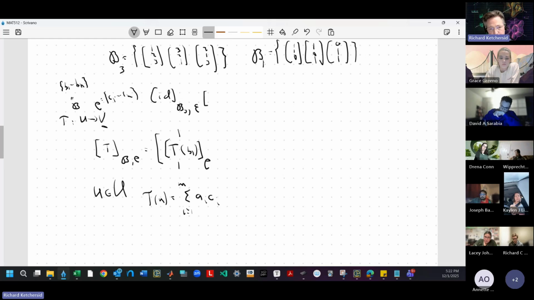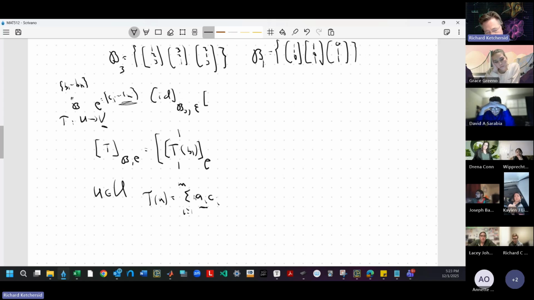T of u is in the image space. These a_i are unique because the c_i are a basis, so they're linearly independent, and when I write a vector as a linear combination of those, that representation is unique.